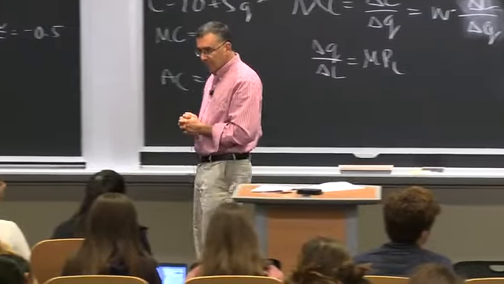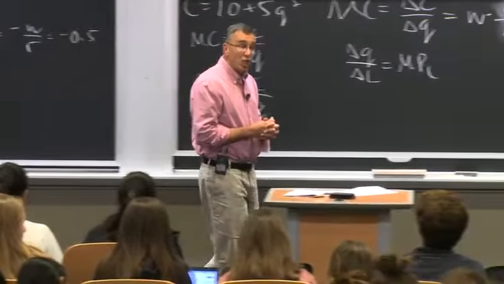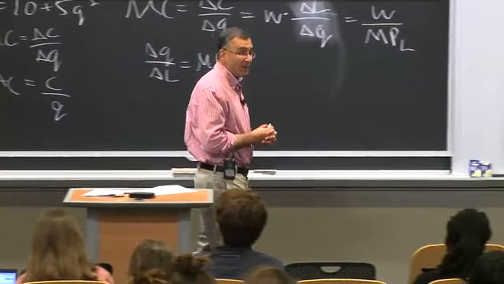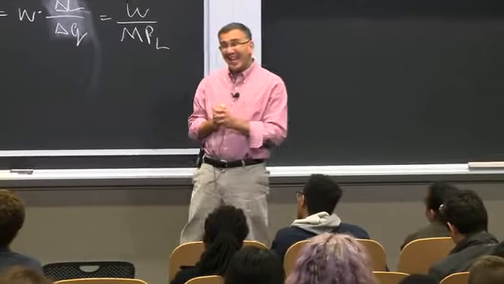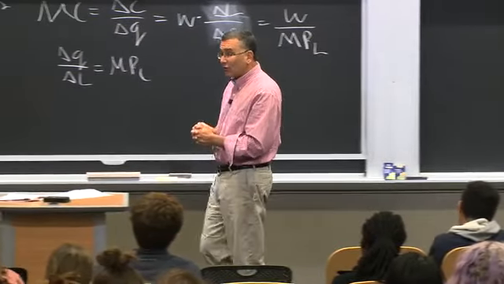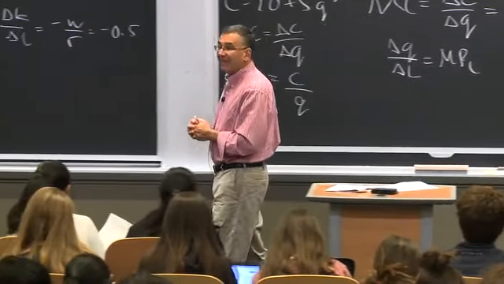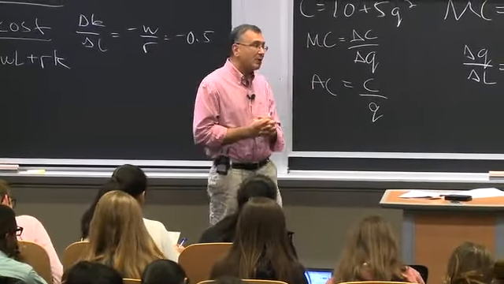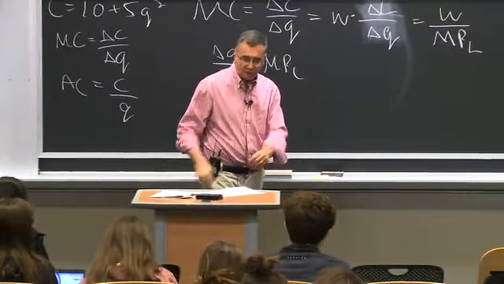The tangent between the isoquant and the isocost curve? That's exactly right. Just as I asked you what is the right combination of pizza and cookies, and you told me it was the tangency of the indifference curve and the budget constraint, it's the exact same logic here. The optimal mix of capital and labor comes from the tangency of the isoquant with the isocost, as we see in figure 6.3.